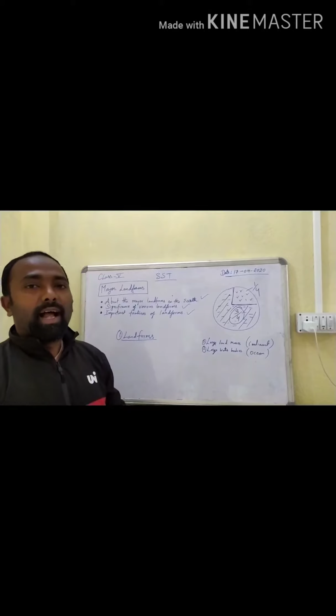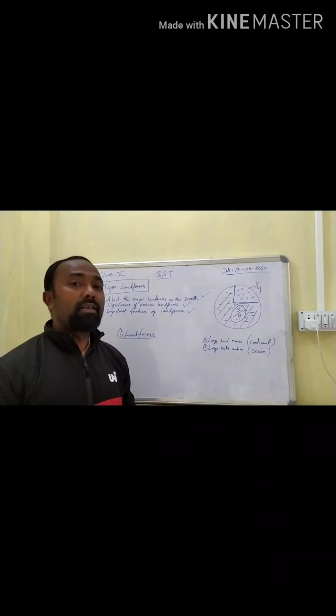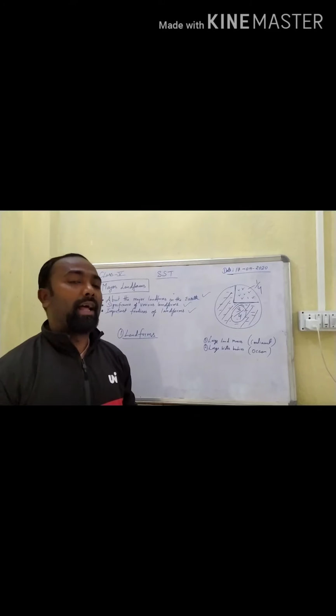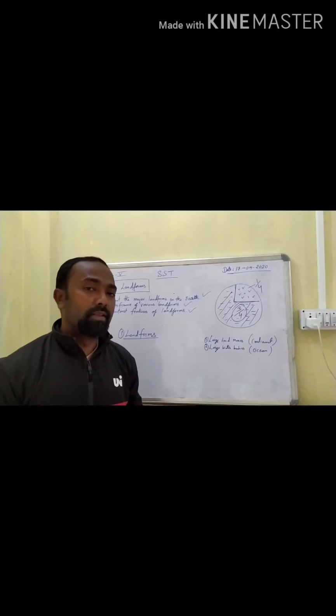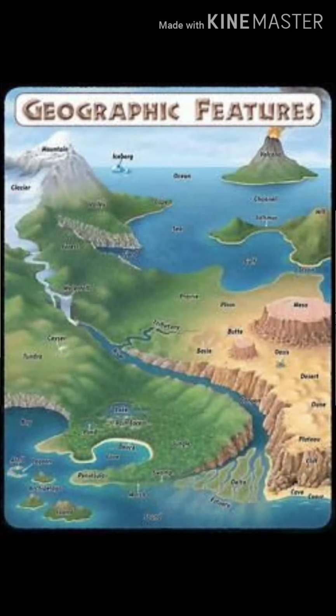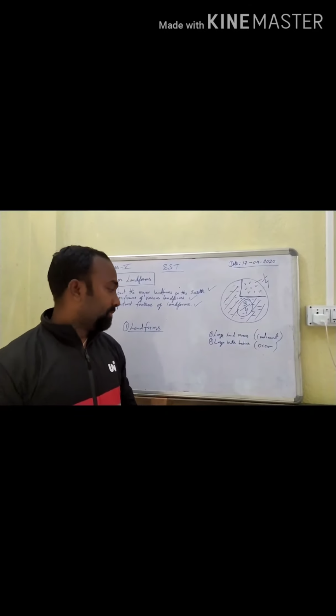So let us discuss the landform. As we know, the earth is not uniform or even everywhere, and for this reason there are different kinds of landforms on the earth's surface. As we travel around the earth, we find that some places are very high and some places are low. Some places are a huge stretch of land. So these are the landforms on the earth.